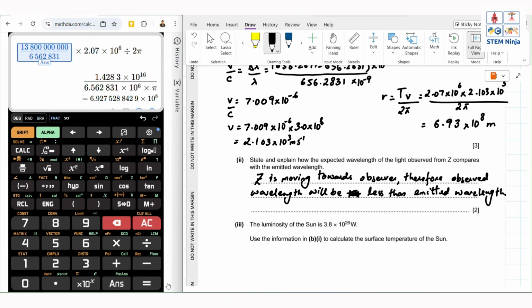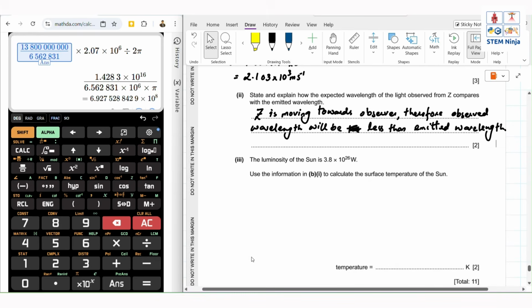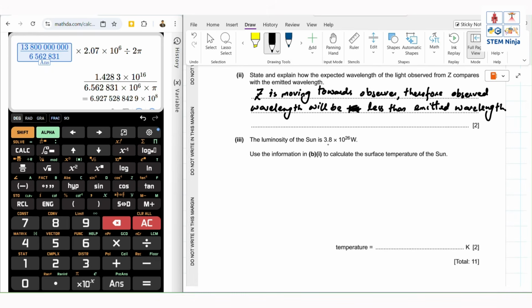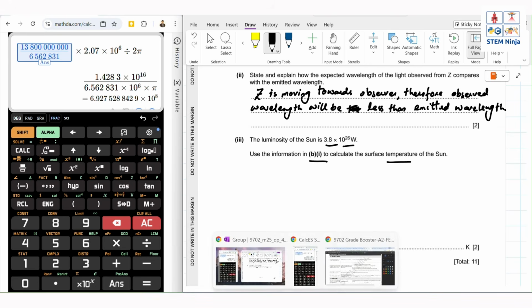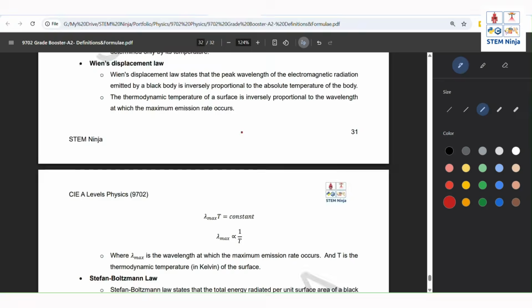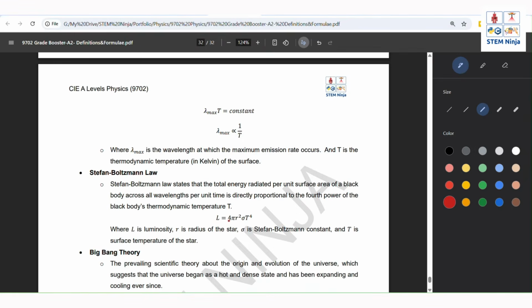Right, okay. The luminosity of the sun is 3.8 × 10 raised to power 26 watts. Use the information in V1 to calculate the surface temperature of the sun. Okay. So over here, we will use the Stefan-Boltzmann law, 4 pi r squared sigma T raised to power 4.